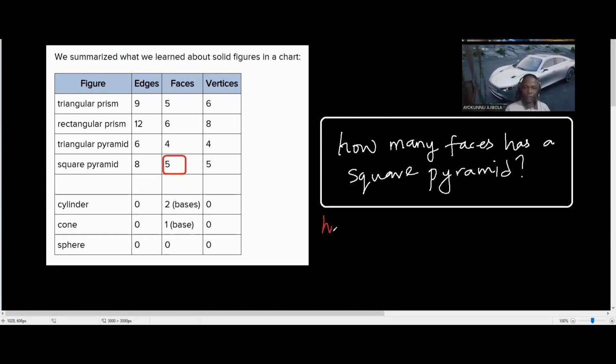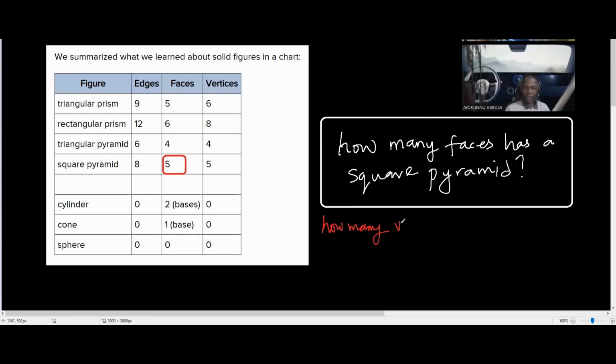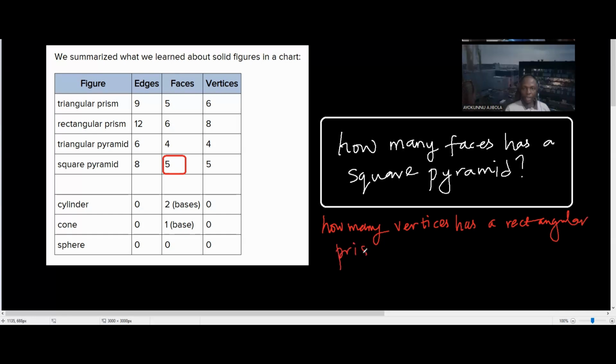Miggy, answer. How many vertices has a rectangular prism? Miggy, how many vertices has a rectangular prism?